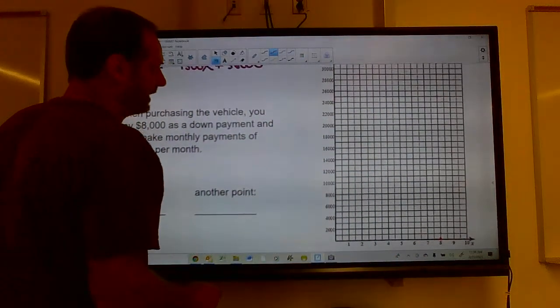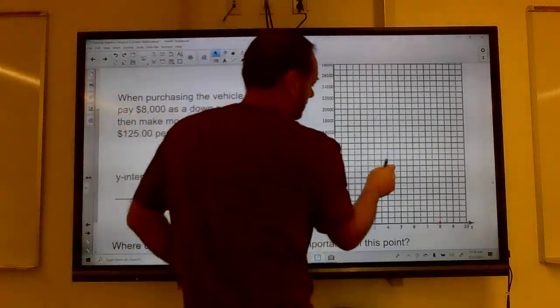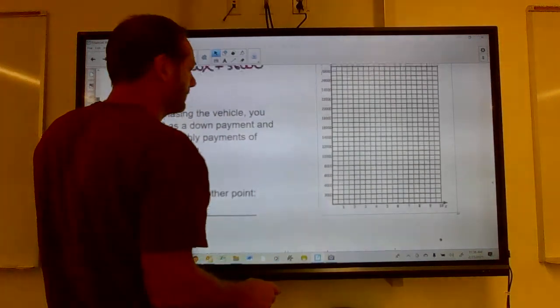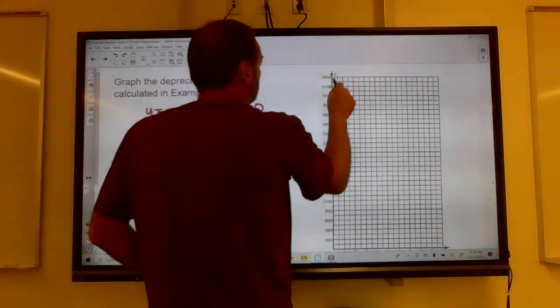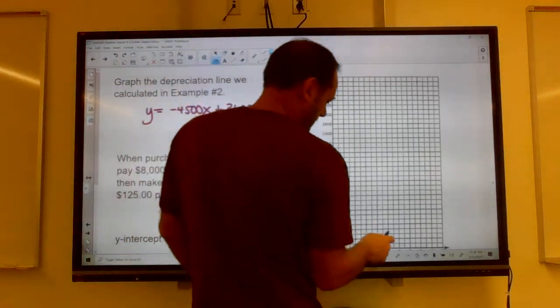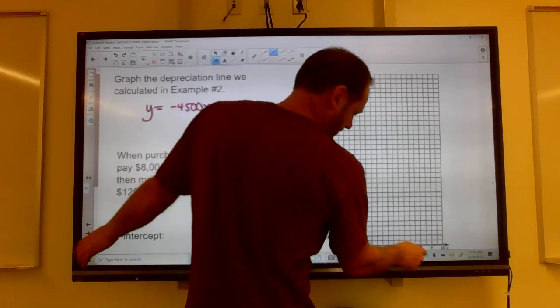So I need a nice line that goes, let's try this again, shrink this baby, so we can get it all on one page. All right, let's try this again. So 36,000 and 8 is right here.